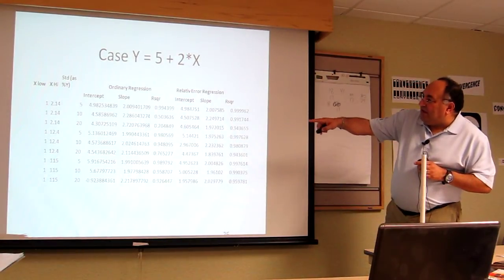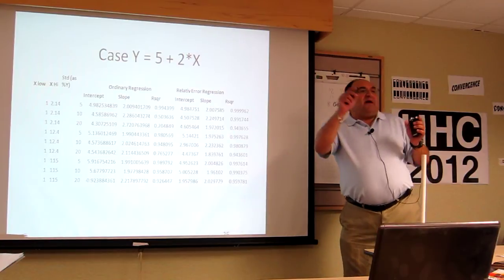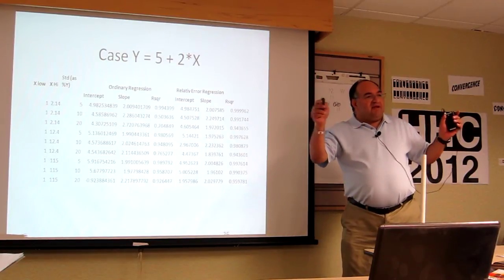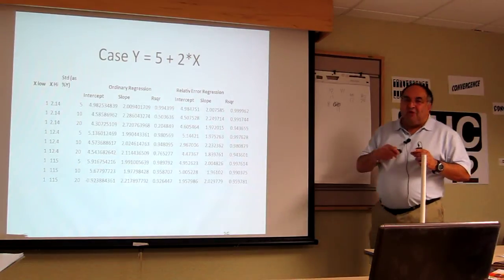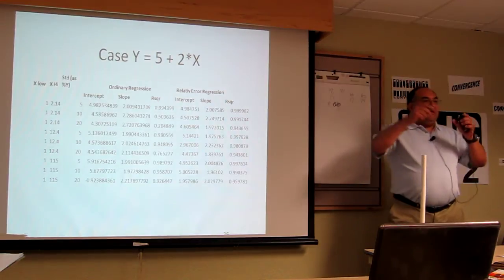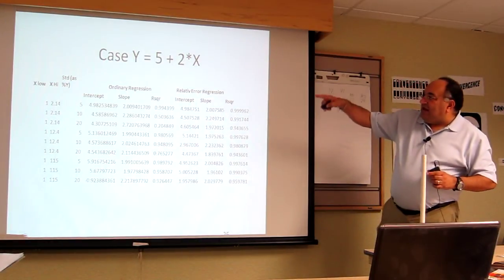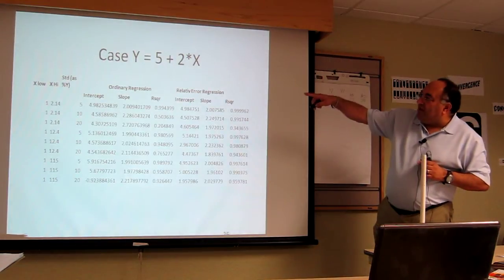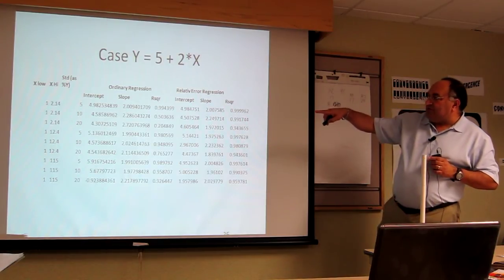And then in the middle I have from 1 to 12.4. So I'm expanding my range by an order of magnitude. And then the last three, I'm going from 1 to 115. So I'm going two orders of magnitude. And then in each set, I'm going from standard error from 5% to 10% to 20%.